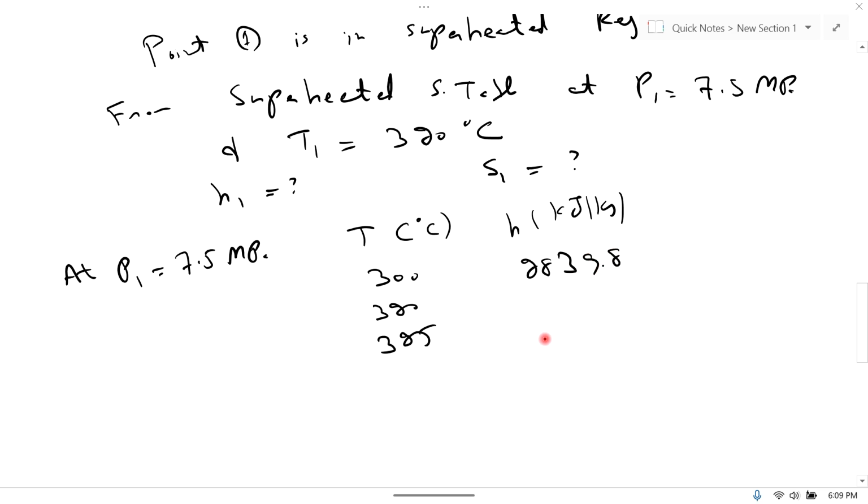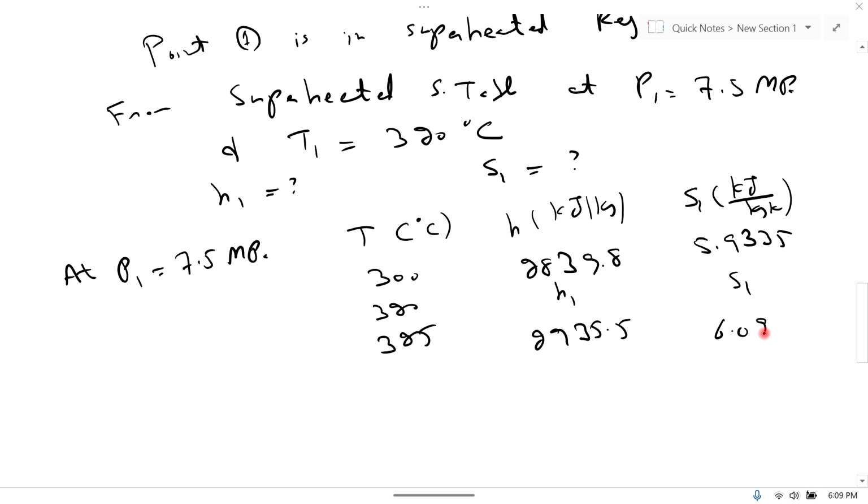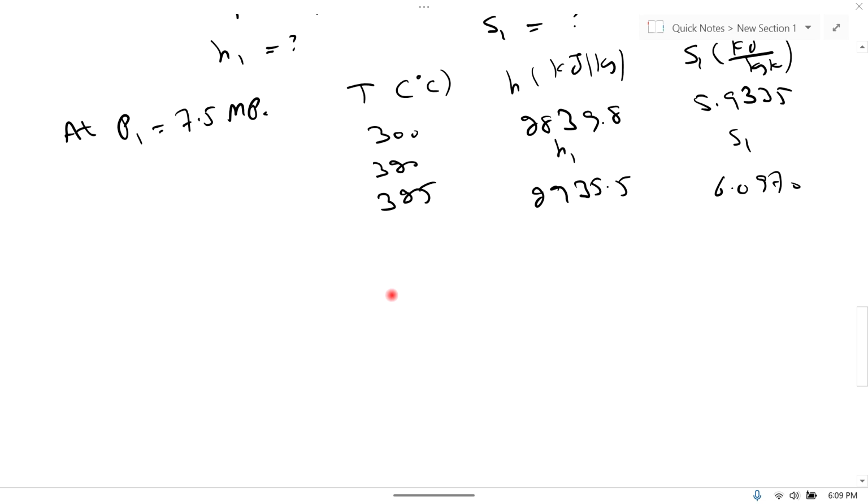At 320 degrees centigrade, 2935.5, and at 320 we have to find enthalpy. Now entropy at 300 is 5.9335, and the other is 6.090. Now interpolate for H1 and S1.